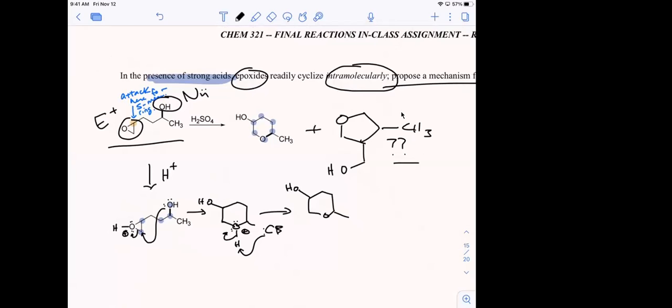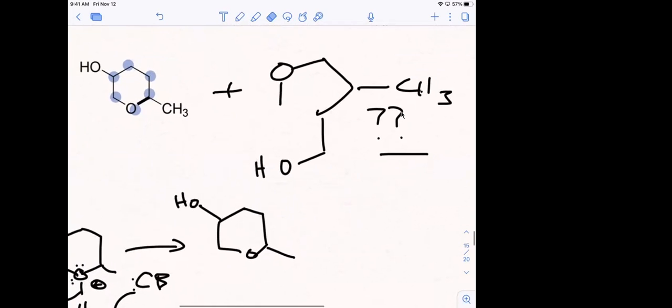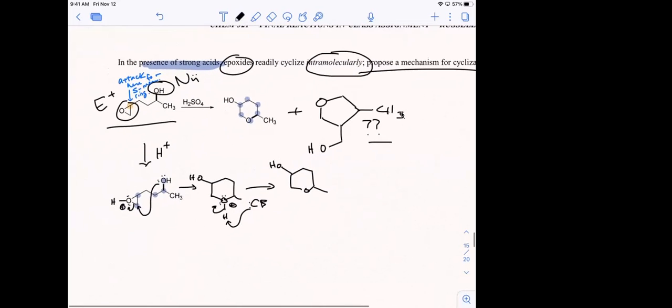And the 5 is what you would expect, right, under acidic conditions, because that's the more substituted carbon. Is that right? No, where it opens. Because remember when we talked about epoxide opening, under acidic conditions, it's going to attack the more substituted site.